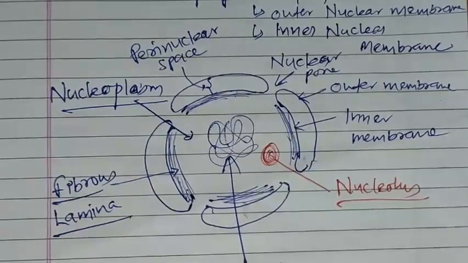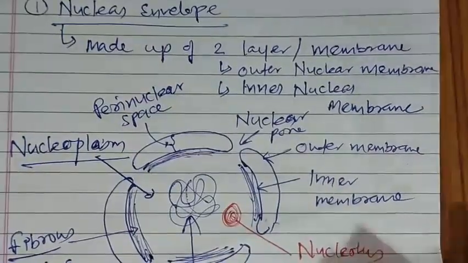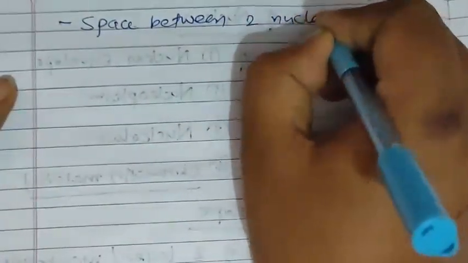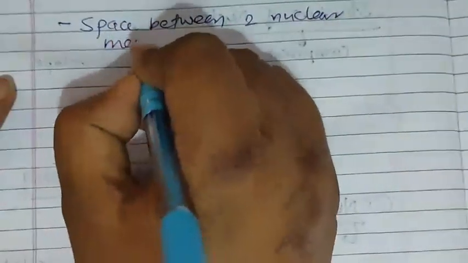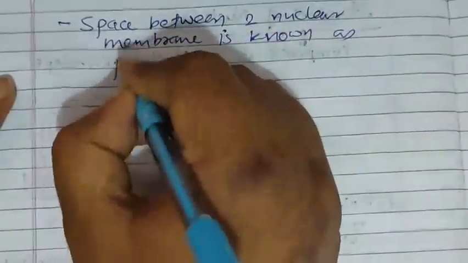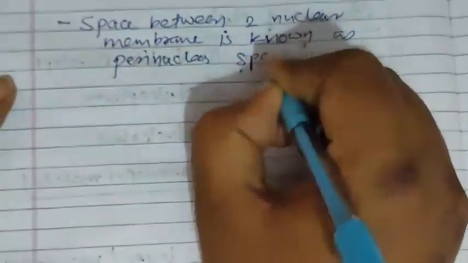First we are talking in detail about the nuclear envelope, and the nuclear membrane is made up of outer and inner nuclear membrane. Next, the space between the two nuclear membranes is known as the perinuclear space.